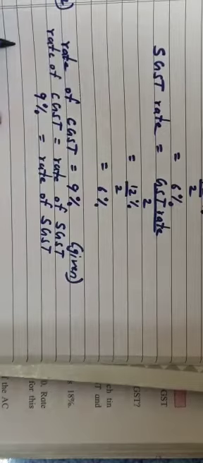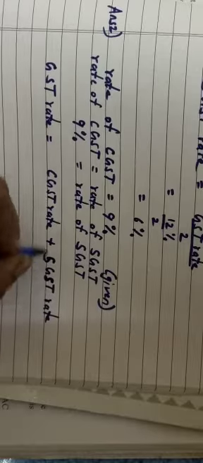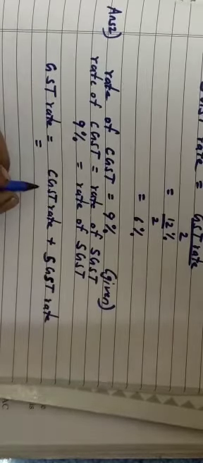So we will write like this. GST rate is equal to CGST rate plus SGST rate, which is equal to CGST 9% plus this also 9%, which is equal to 18%.